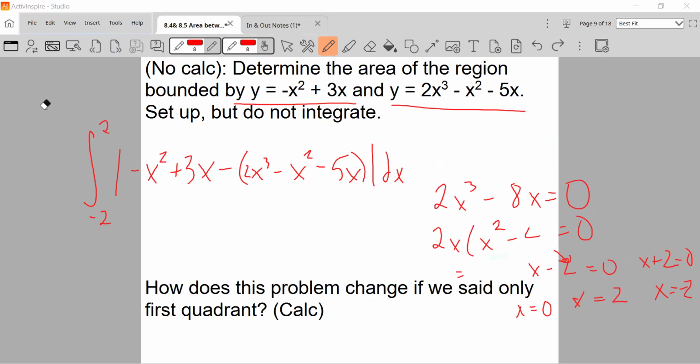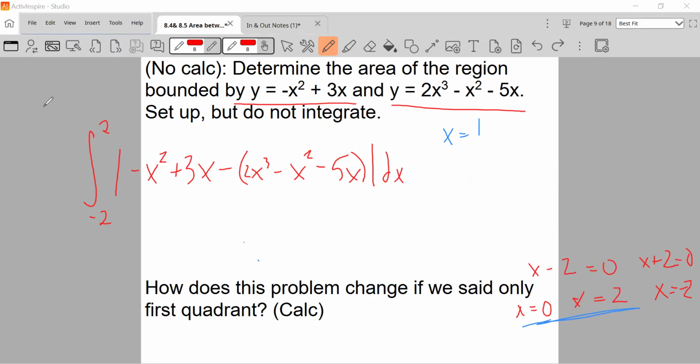Once you know that these are your bounds, the 2, -2, and 0, you then have to plug in and figure out which one's on top and which one's on bottom. The good thing is that by plugging these in, they're going to cross. We just have to figure out which one's on top first. So let's say I plug in x equals 1, because 1's between 0 and 2.